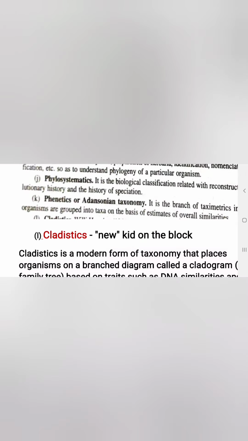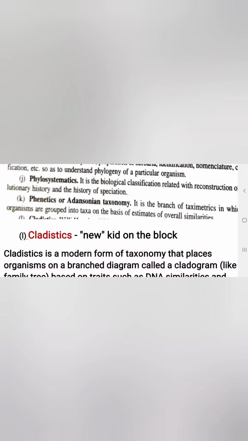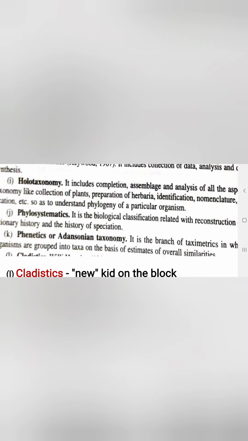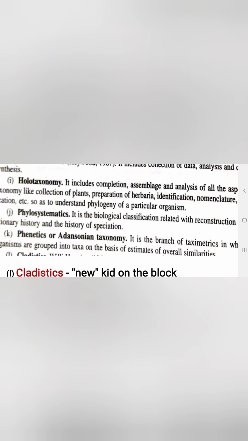So students, some terms seem very similar, but in the examination you have to write the appropriate definition of all of these types. Especially if we talk about Adansonian and holotaxonomy, they appear very similar, but you can see the difference.